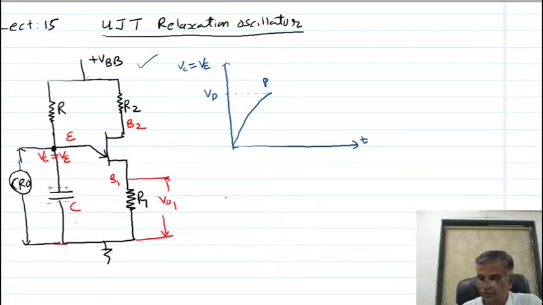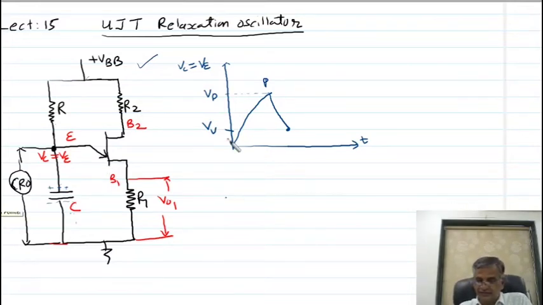So your voltage decreases like this. When the voltage at the capacitor becomes the valley voltage, then the UJT comes into an off condition.